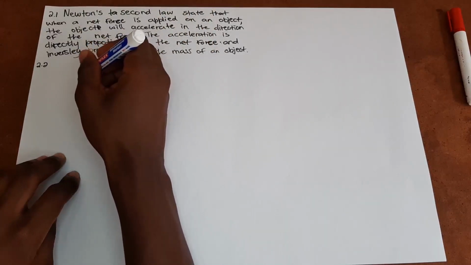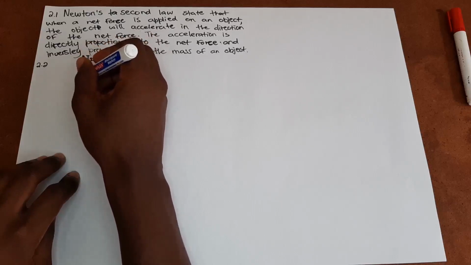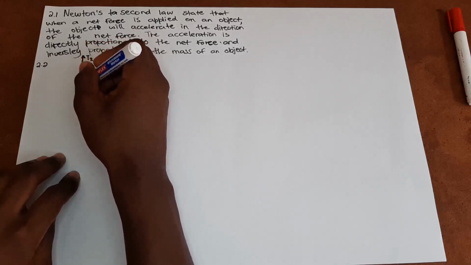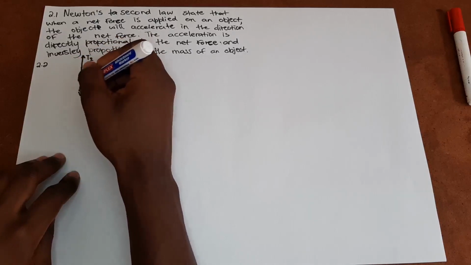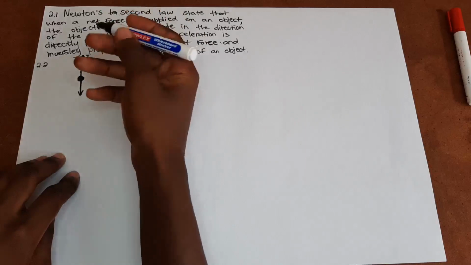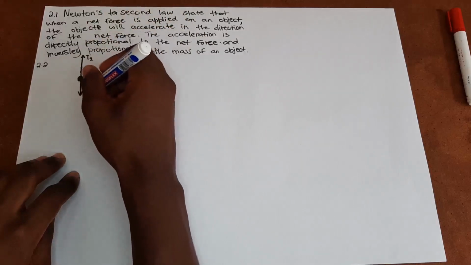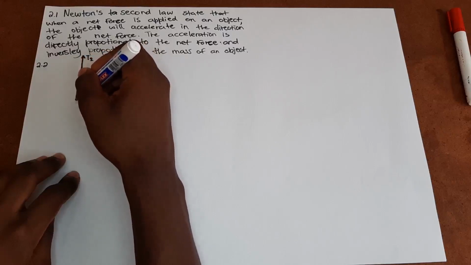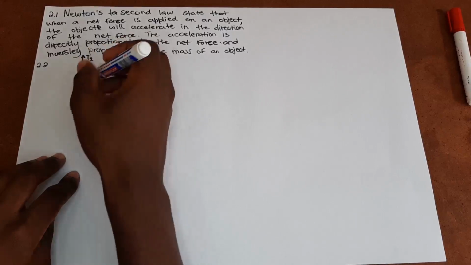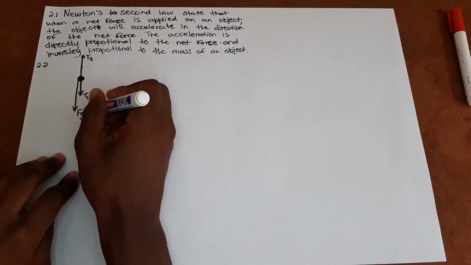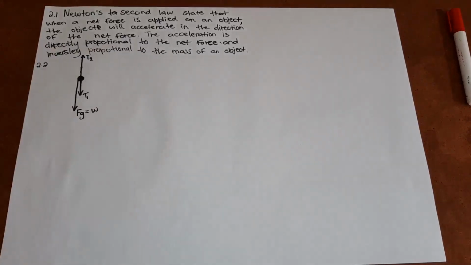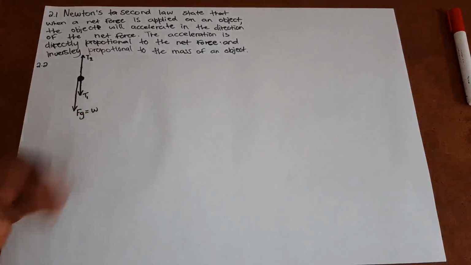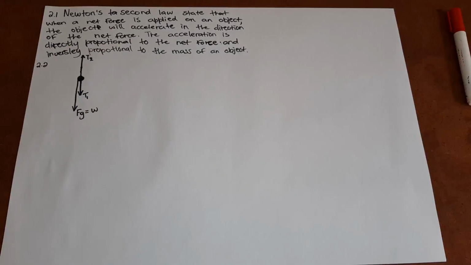Then we have again T1, the other tension force, which has a smaller magnitude than T2. We have the gravitational force acting downwards. So this is the free body diagram for the 5 kg block.